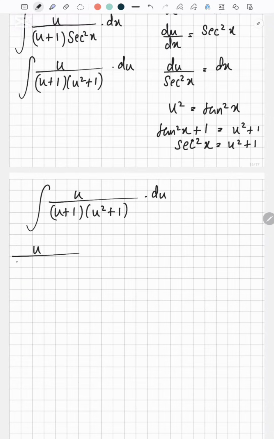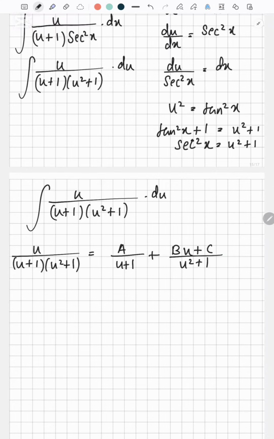So u over u plus 1 times u squared plus 1 equals a over u plus 1 plus b over... when it comes to u squared plus 1, your numerator for the second fraction should be bu plus c over u squared plus 1.